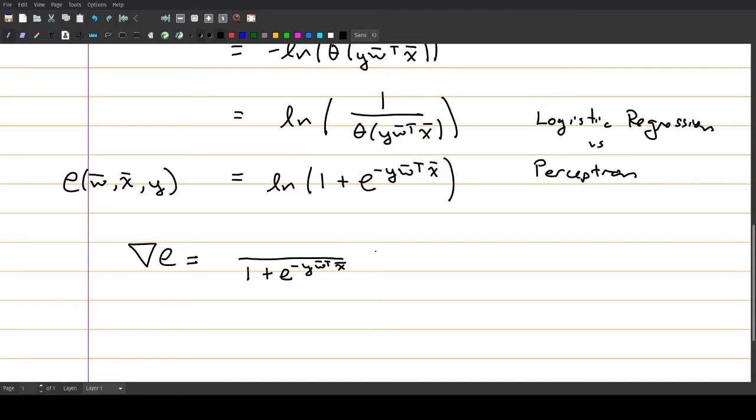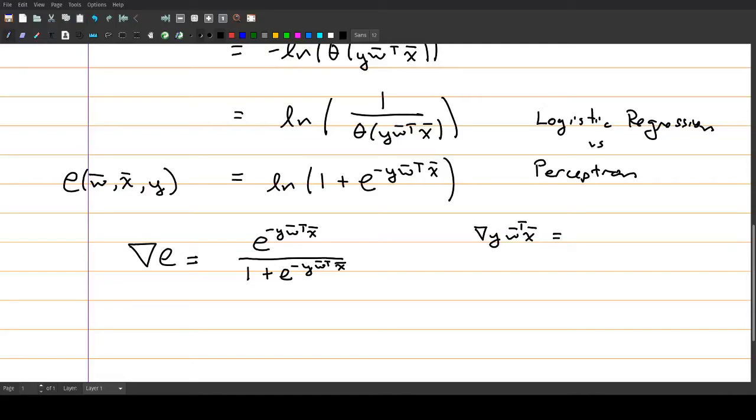And now you have to think for a second about what comes out. So obviously the derivative of 1 is 0. The derivative of e is itself, so that's this, wtx.